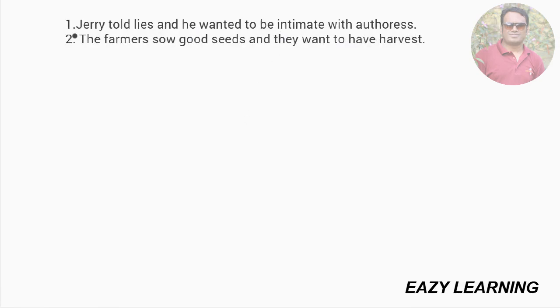Dear students, I have given two examples here. Jerry told lies and he wanted to be intimate with authors. So dear students, it is a compound sentence, because if you find "and," it will be a compound sentence.